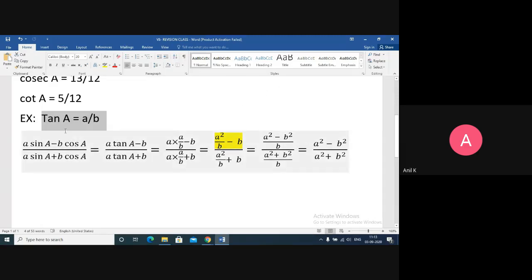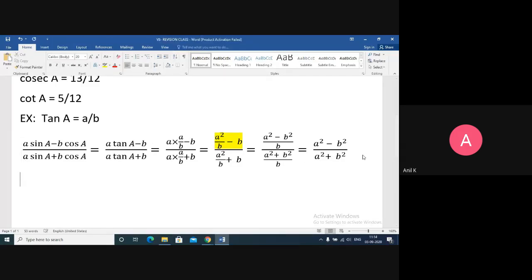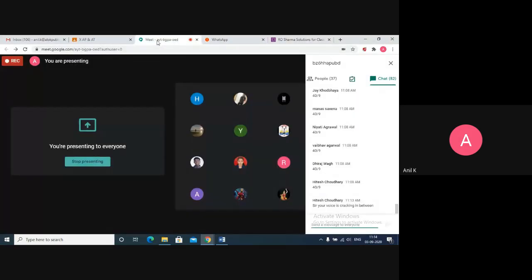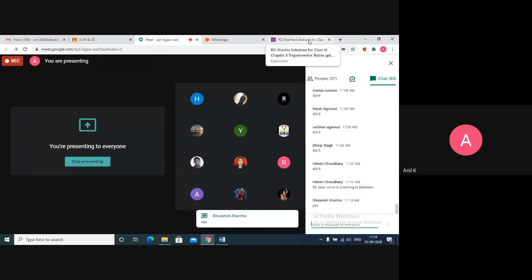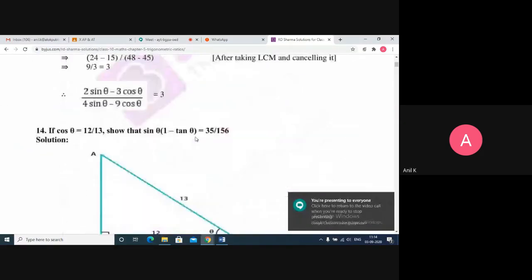Then get the sine value, then get the cos value, and substitute here wherever sine and cos are there. You can try at home and see which method is easy. Is that clear? Okay, we'll move to another example.